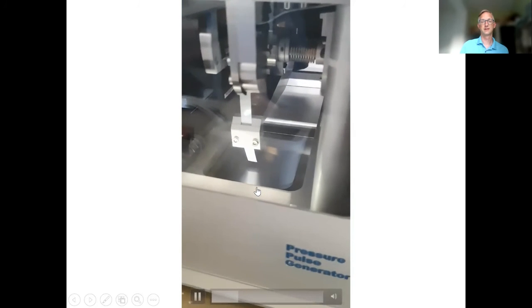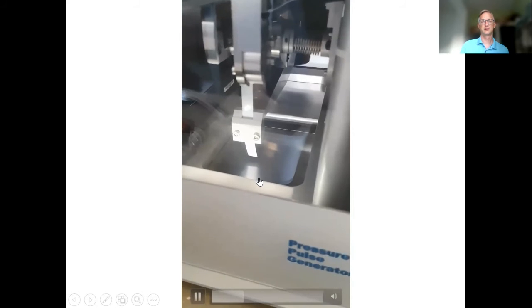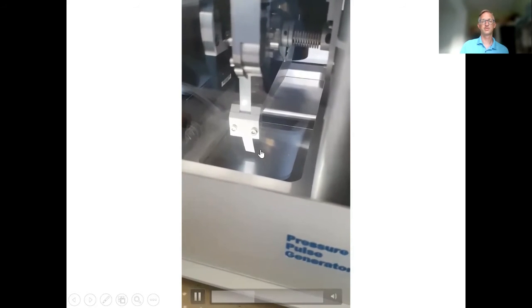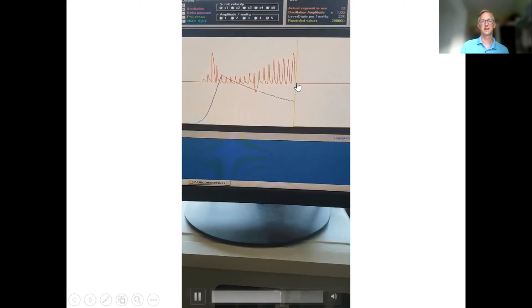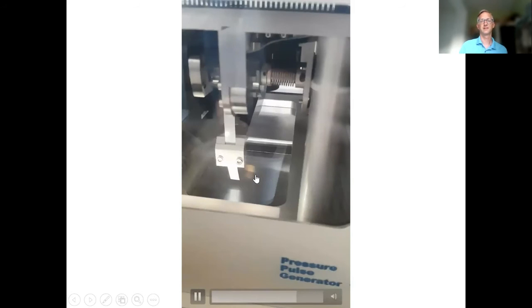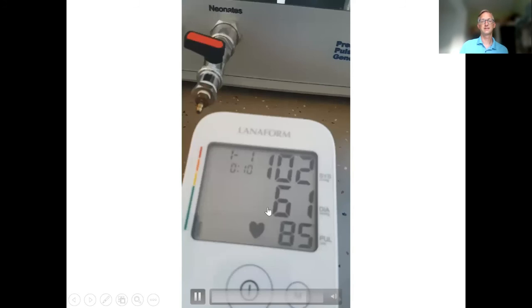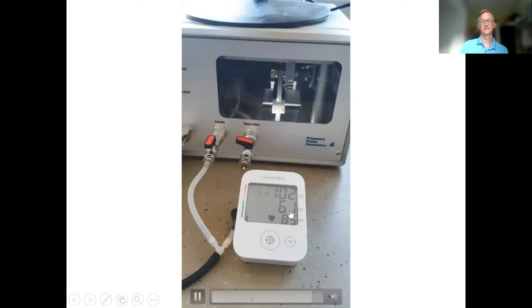We started its pressure pump, and then this device starts to generate pressure pulses. This mechanical device here generates these red signals. And this is exactly like the human heart, which is pumping blood at heart rate frequency. And at the end, this device showed a value.